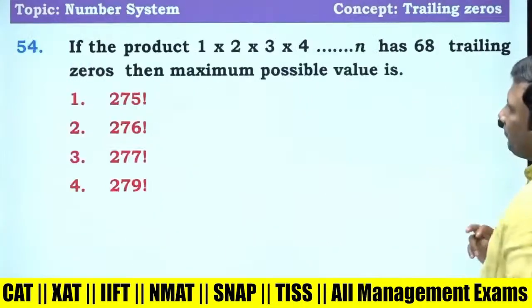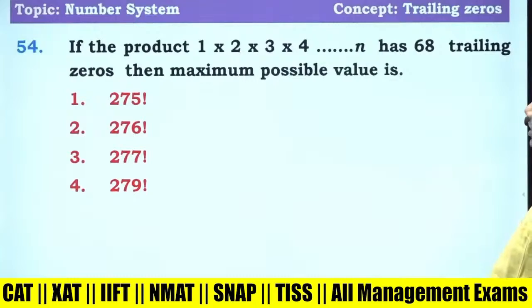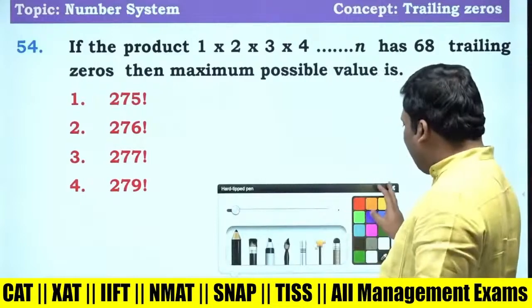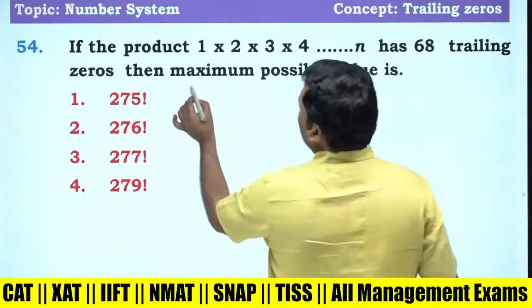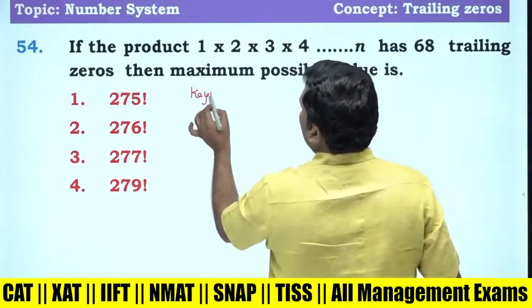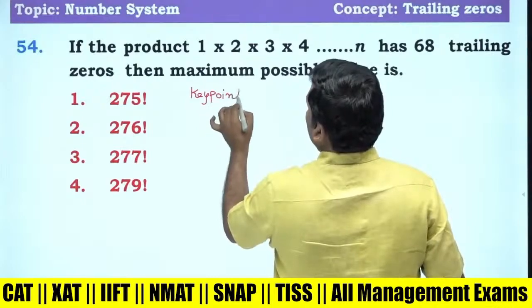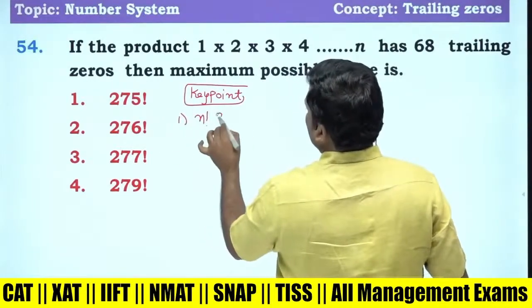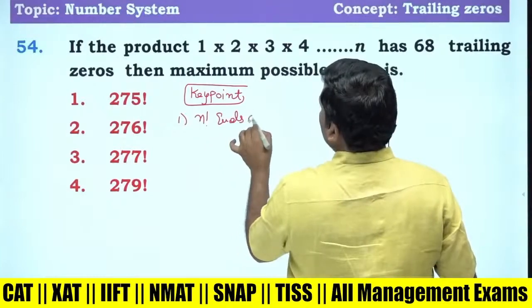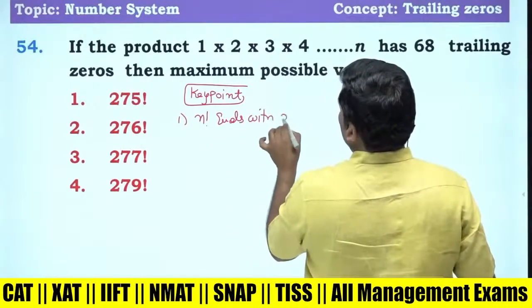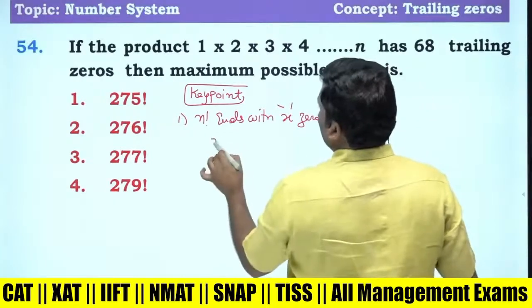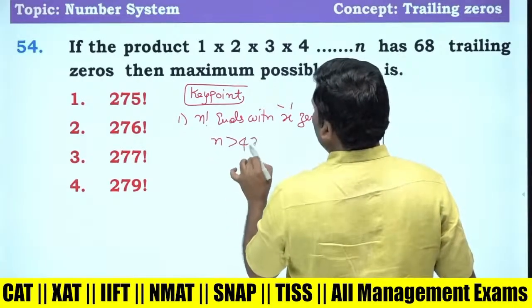Next one. If the product has 68 trailing zeros, very, very important concept, sir. Please write down this concept. Key point. If n factorial ends with x zeros, then n should be greater than 4x.